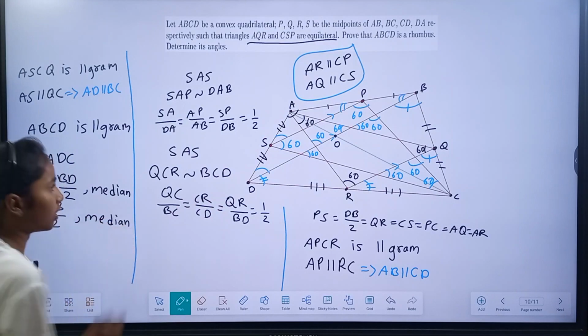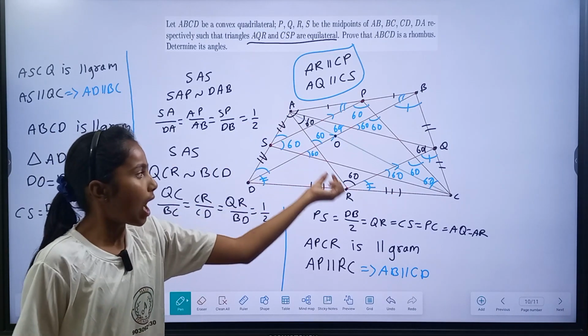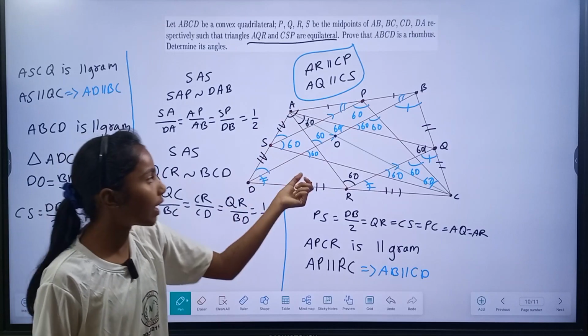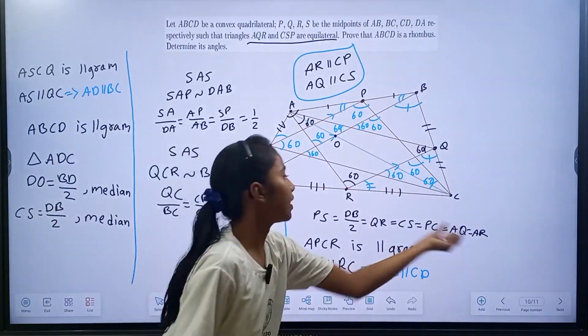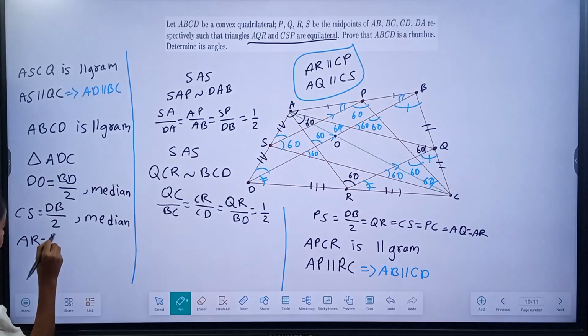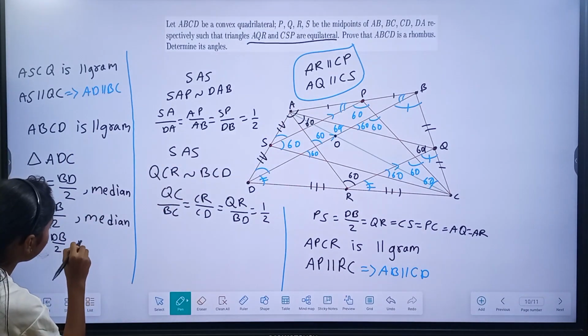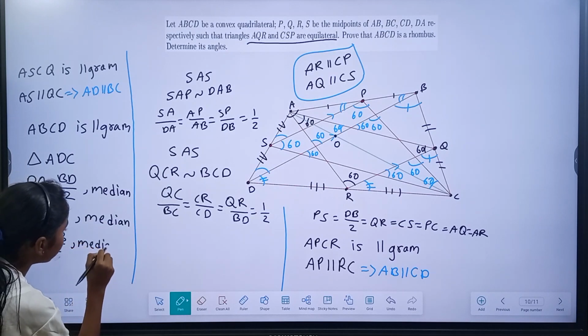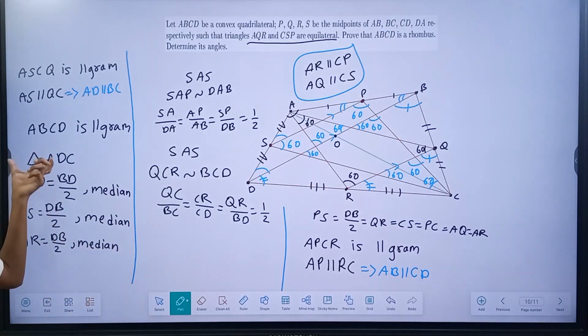We also have another one, which is AR. R is also a midpoint, so AR is also a median, and AR equals DB by 2. These three are medians of the triangle ADC.